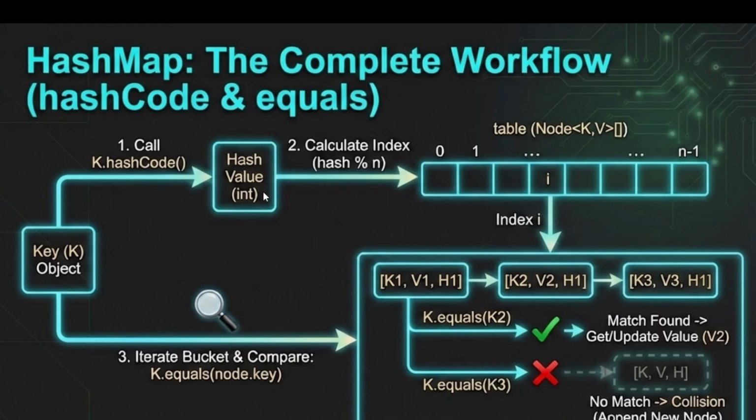The hash value will be created based on the hash code. Next, it will calculate the index. Now for this K, again it found the same index I. So it comes here. Now it needs to compare whether this object with the K is already available or not. Why? Because even if it is available here, if I create a new object with the K, then it is a duplicate.